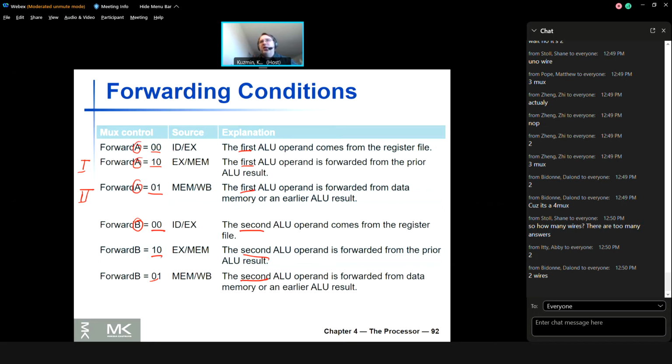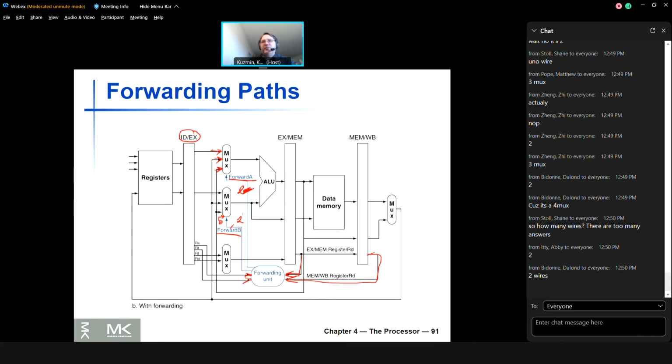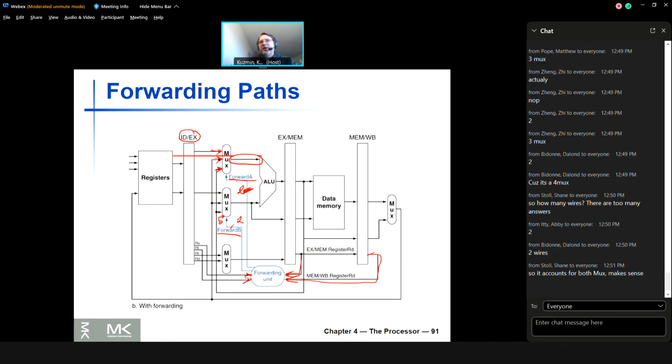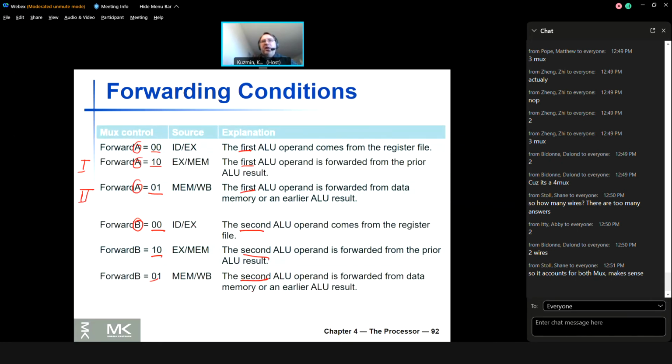Forward A determines what gets to the first, or top, or upper ALU operand, and the second, or bottom, is decided by forward B. So forward A and forward B account for both multiplexers.